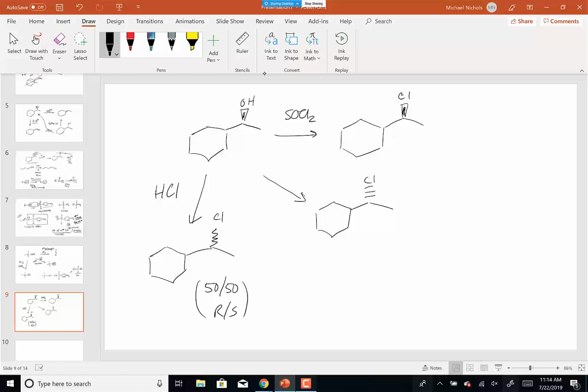It's going to leave. I'm going to end up with a carbocation, and then the chloride is going to react on both sides to make this 50-50. And that's what the squiggly line means. The squiggly line means you've got 50-50. So force it to go through there.